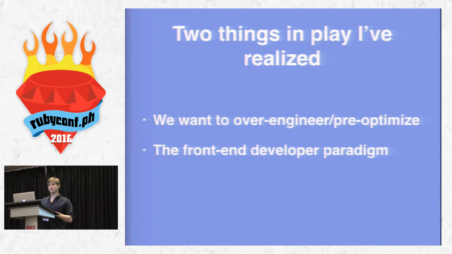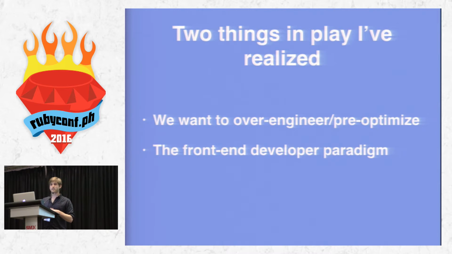There's also this front-end developer paradigm. I think the notion of front-end developer versus back-end developer is something new. I haven't been developing for that long, but when I started, there really wasn't such a thing as a front-end developer. But now with the advent of JavaScript frameworks like React or Angular, front-end developers never have to touch the database. They can mock the calls to a backend and work on front-end and create a really nice dynamic UI, which is great.